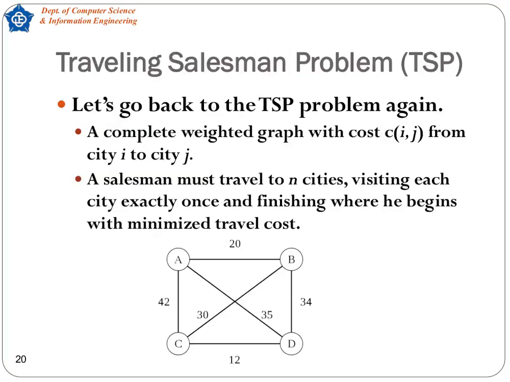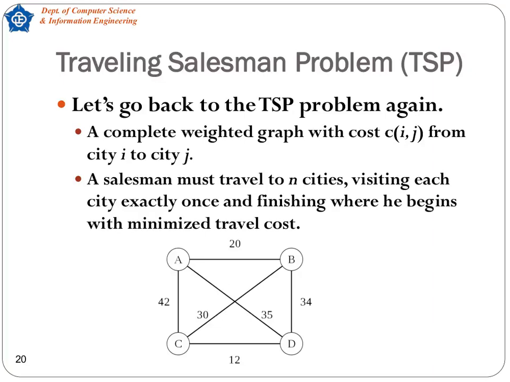Building on our discussion of approximation ratios, let's revisit the classic traveling salesman problem. Imagine a complete weighted graph of 4 cities, A, B, C, and D, where each connection carries a specific travel cost. Our goal? Find a route that visits every city exactly once, returns to the starting point, and yields the lowest possible total cost.